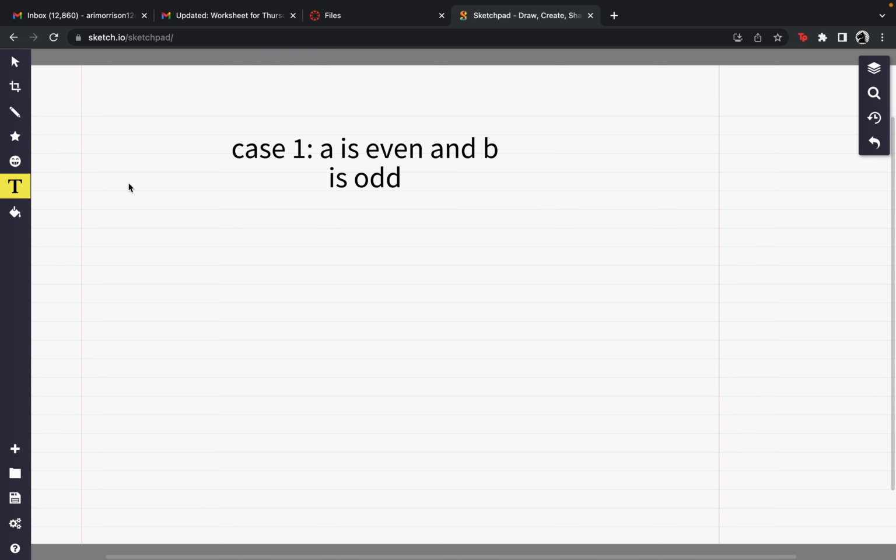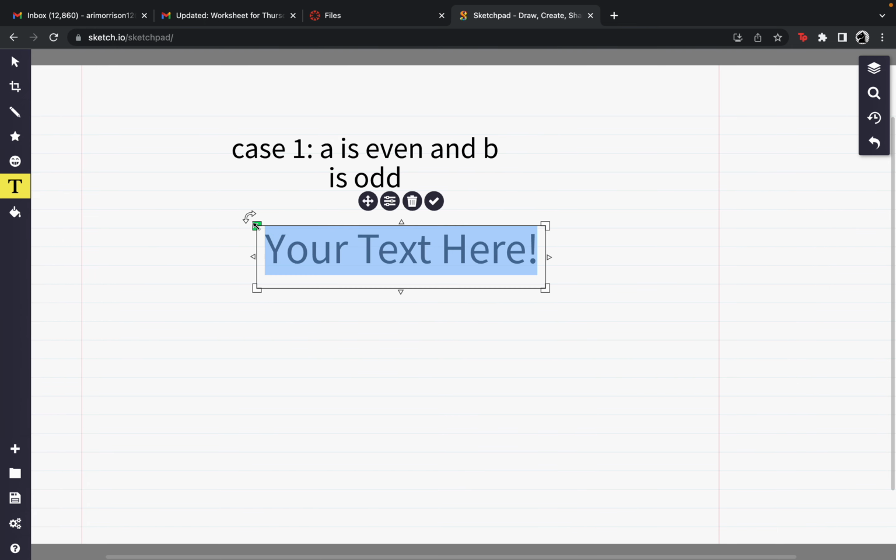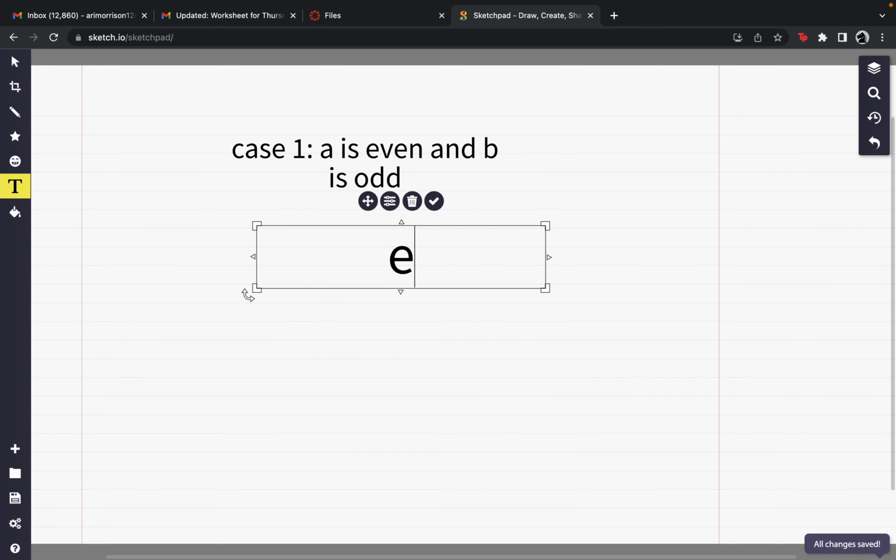A counterexample of this, or an example that is not the case, would be the number 7. If we cut the number 7 in half, we get 3.5 and 3.5, and those are not integers. So a way that we like to describe an even number: even means 2 times an integer.